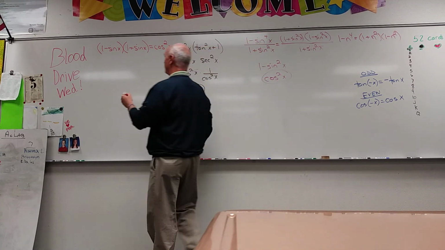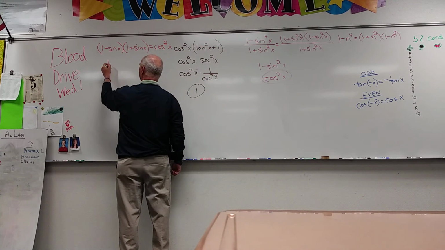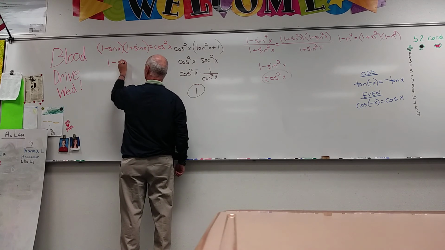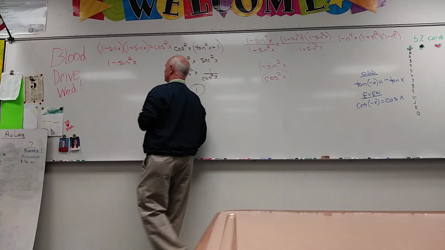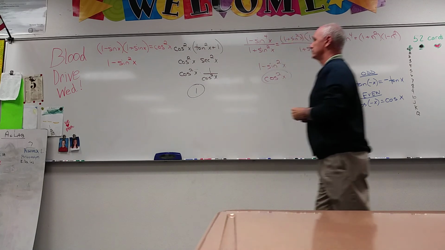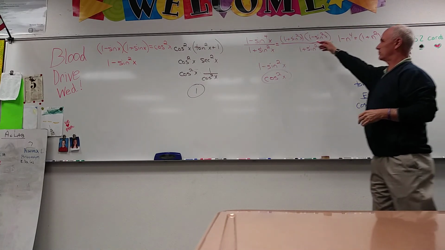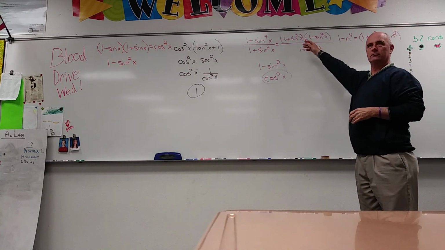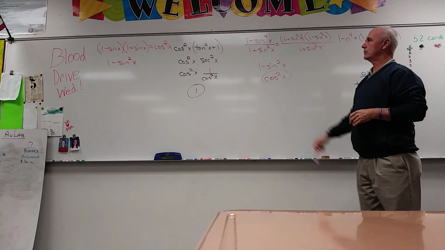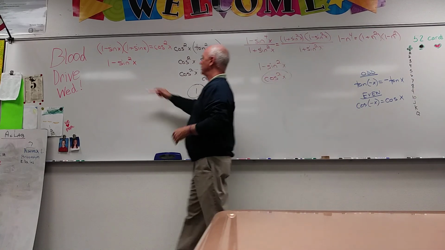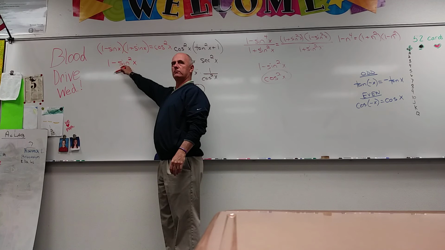So in this case, that gives us 1 minus sine squared x, which equals cosine squared x. It's kind of like what we did here, in reverse. Is this as far as we can go with this?